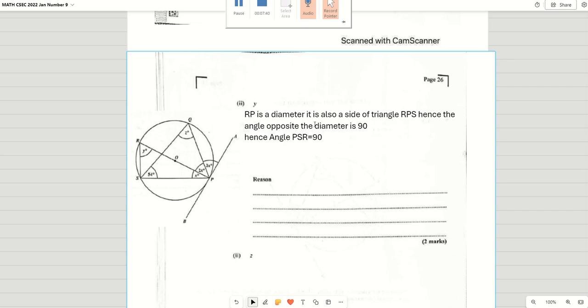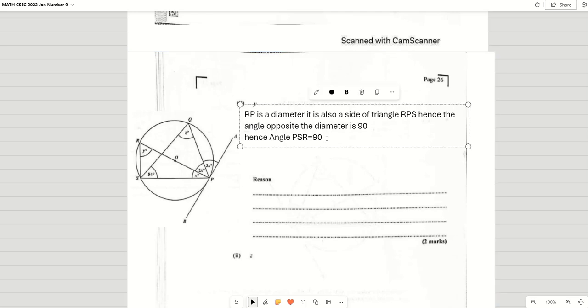So I already wrote RP is a diameter. It is also a side of triangle RPS, hence the angle opposite the diameter is 90 degrees. That means PSR is 90. So they want to know what is y. We know y plus 90 plus x, which is 18, is equal to 180.